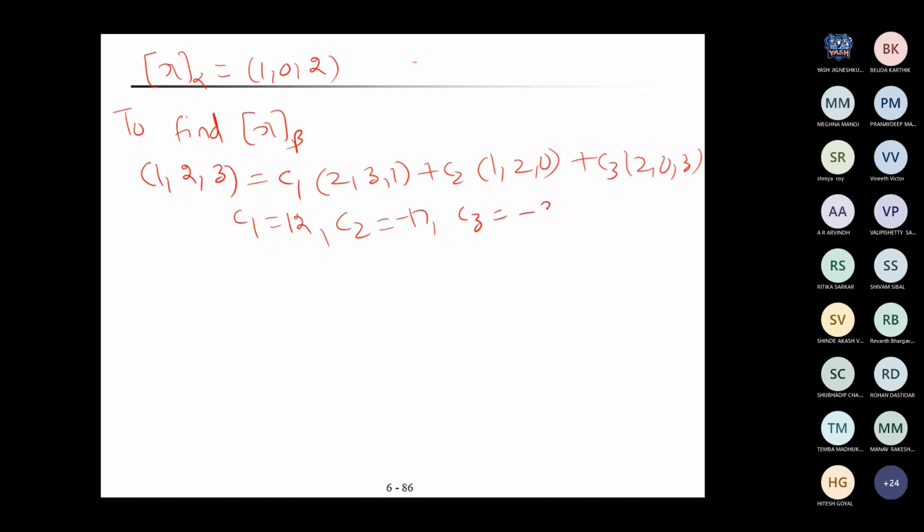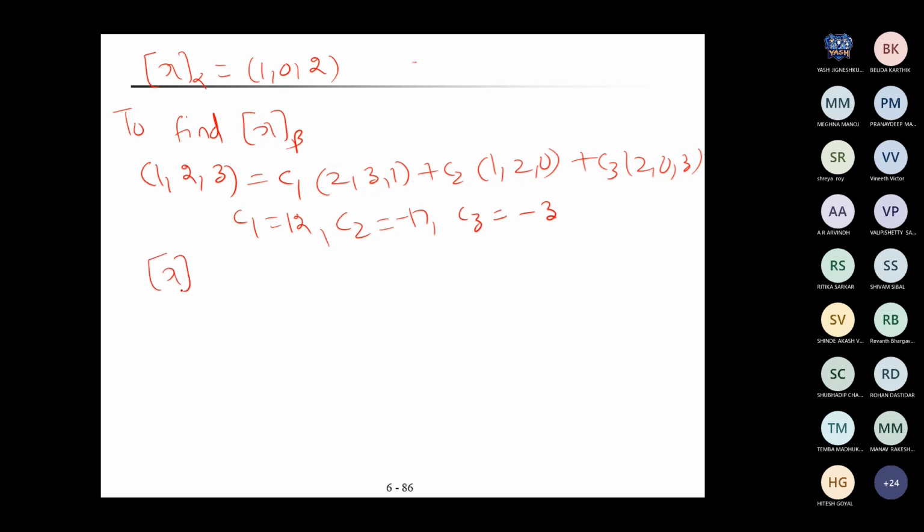Yeah. Okay, let us check. 2 12s are 24. 24 minus 17, 7. 7 minus 6, 1. Okay, then 3 12s are 36. 36 minus 34, 2. So 2 correct. Yes, values are correct.